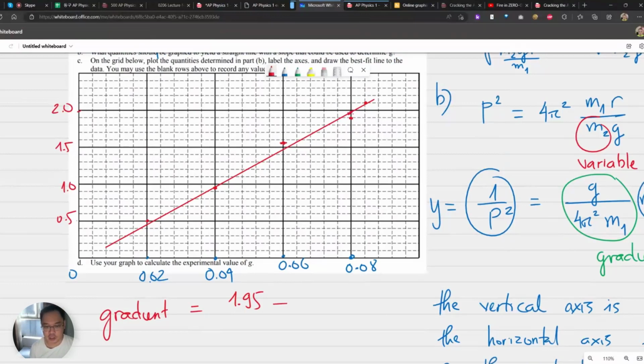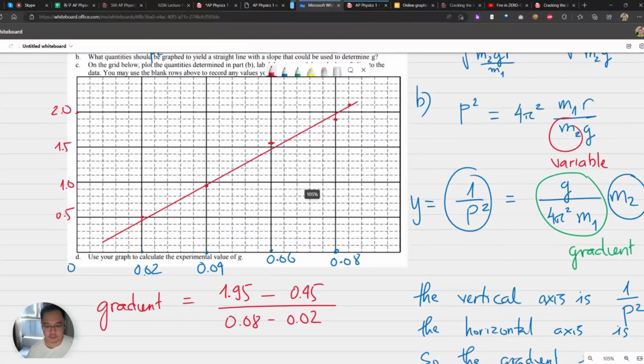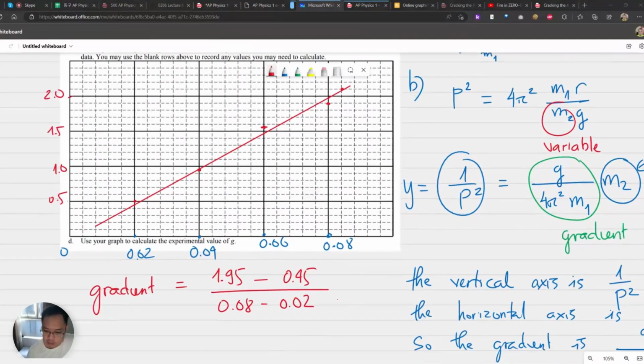This position is 1.59, and subtract the lower value here, about 0.45, and then divide by the run, which is 0.08 minus 0.02. So 1.95 minus 0.45, divided by 0.06. The gradient is 25.